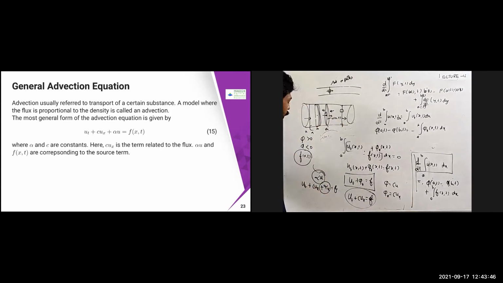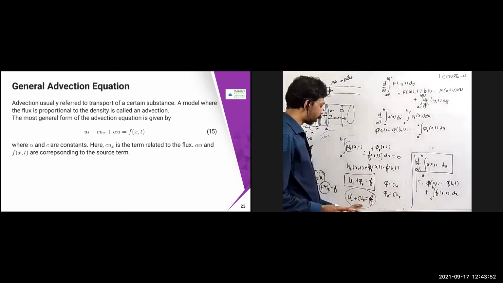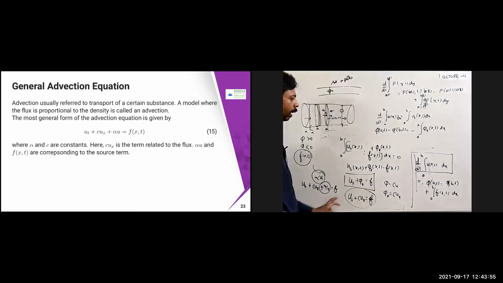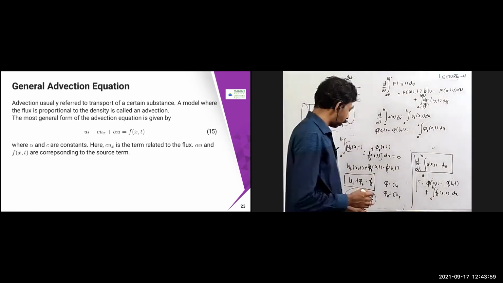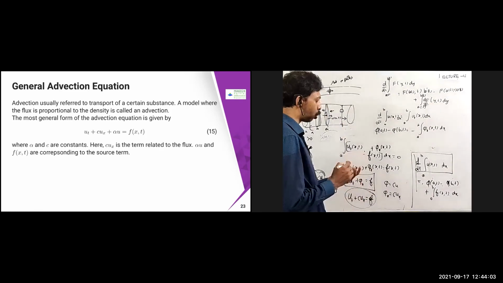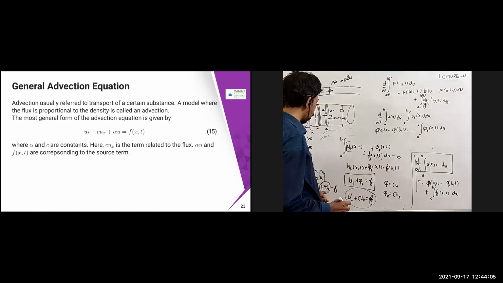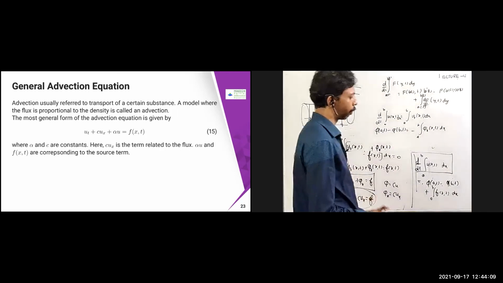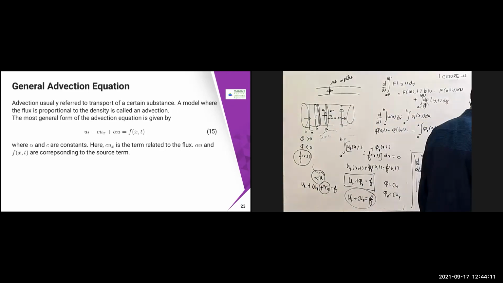So here, c u_x is related to the flux term, whereas alpha u and f are related to the source term. This is the source term we have discussed earlier. The source term I am splitting into two parts: one is proportional to u, another is non-proportional.